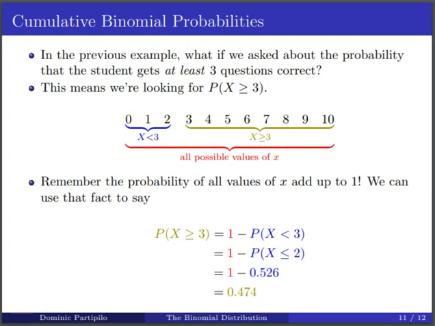So if we were to look that up on the table, it would be 0.526. And remember, we're subtracting from 1, so what we're going to be left with is 0.474. So the probability that the student gets at least 3 questions correct on this quiz is 0.474. So once again, it's not looking very good for the student.